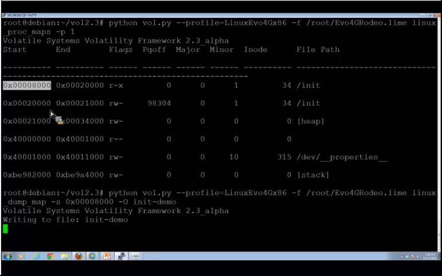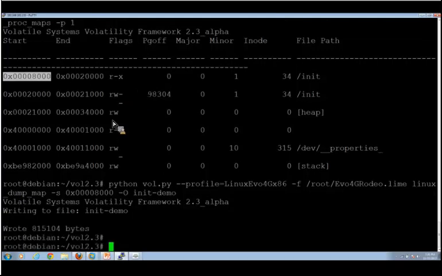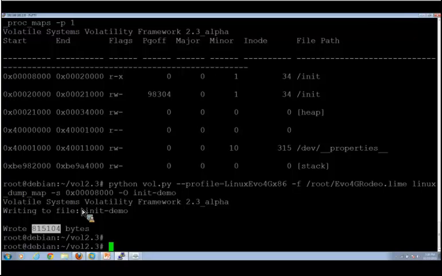So it's telling us it's writing this. I don't know why it's taking so long. We're dumping this entire thing out, which I guess has to be dumped a page at a time, which is 4K. All right, there we go. So anyway, it's telling us it wrote over 800,000 bytes, so divided by 4K, that's quite a few pages it has to write out.